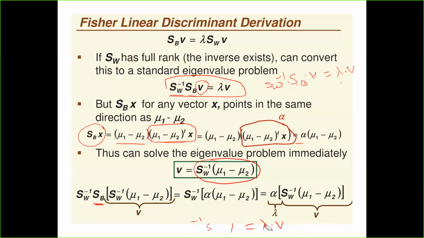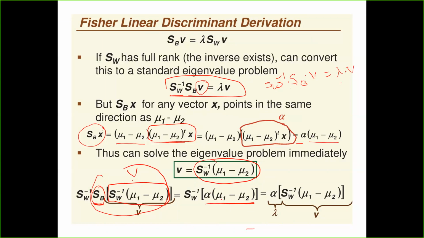That is what we are proving here. When you substitute SW inverse mu1 minus mu2, which is some vector V, and multiply SB with V, it points in the same direction as mu1 minus mu2, so the whole thing becomes alpha times mu1 minus mu2, where alpha is some scalar.